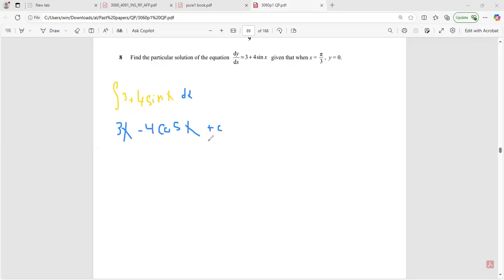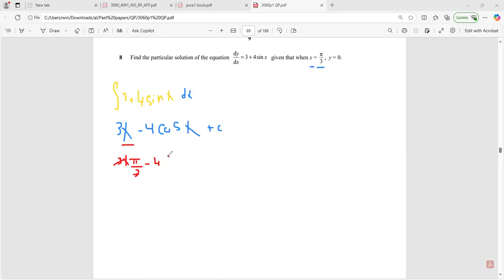Okay, and now we're going to get the value of c by substituting the x with pi over 3. So here 3 multiplied by pi over 3, we cancel. You see, I simplify on the fly. As soon as I write, I simplify quickly.